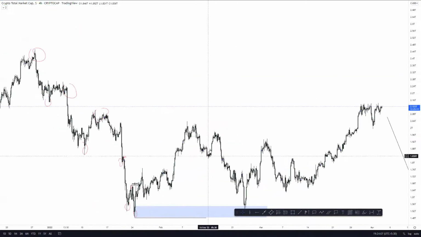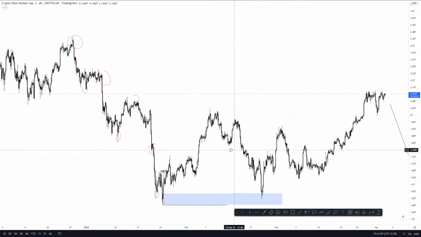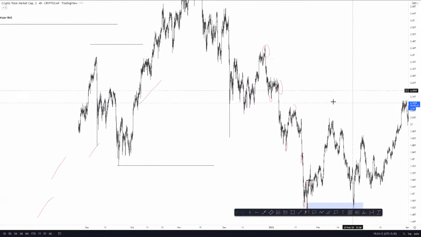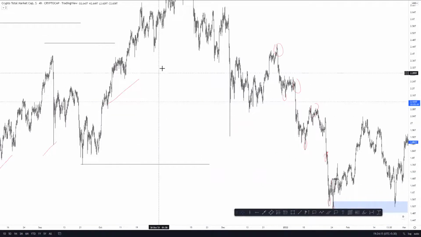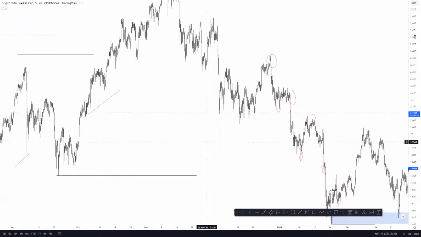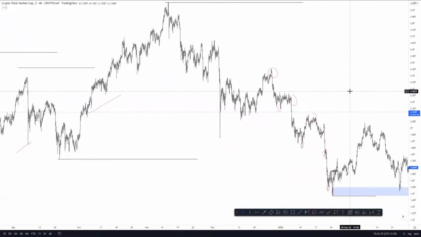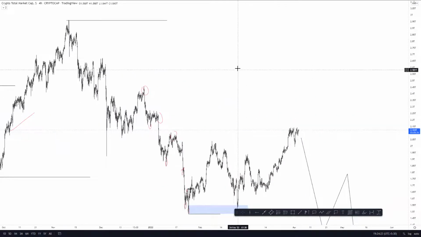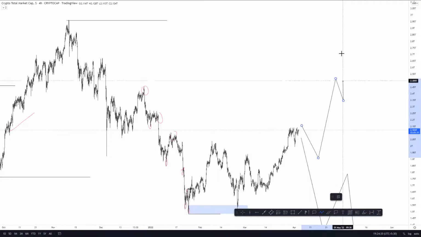So price just came here to take out all these previous internal liquidity. Price and the market always look for liquidity, and then again what I'm expecting is the market to take out all these internal liquidity again.